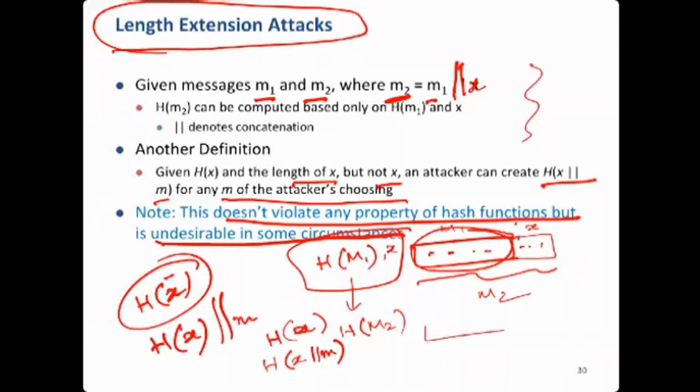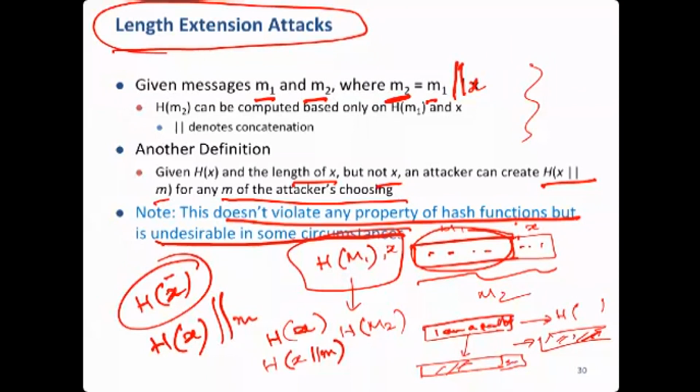So say for example, the initial message is I am a good boy, and H of this is known as some string. Now you want to create I am a good boy and smart, the first string as it is, plus smart.